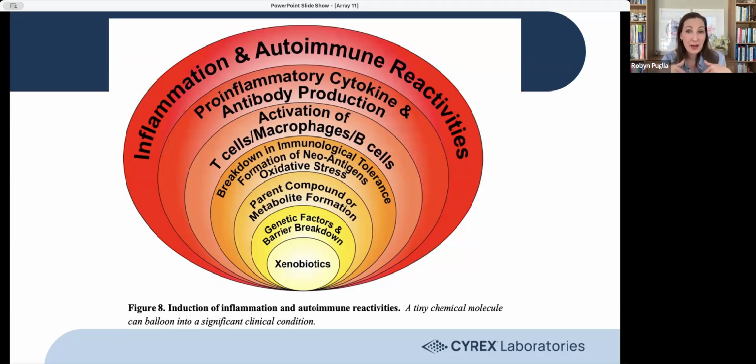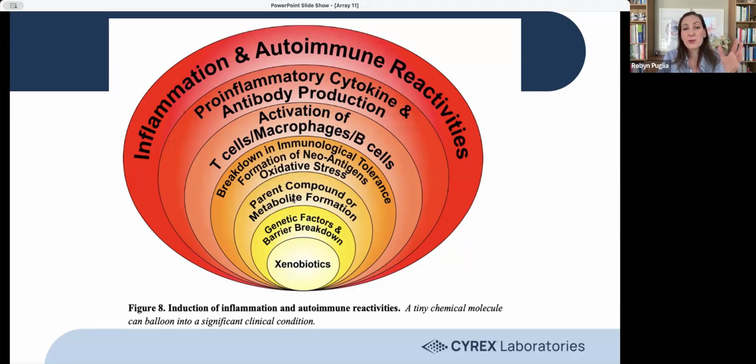When somebody doesn't biotransform particularly well or doesn't eliminate particularly well, and they also have SNPs or genes that predispose to aggressive oxidative responses or poor antioxidant balance or aggressive inflammatory responses to oxidation, just for example, then for the genetically susceptible person, even small exposures can lead to really significant systemic inflammatory responses.